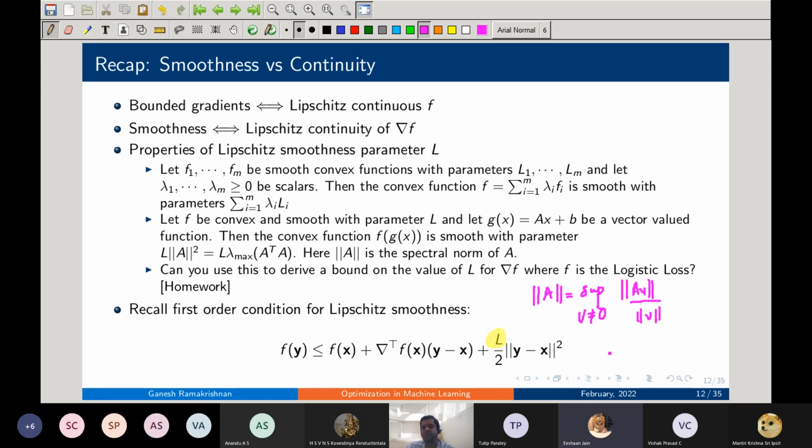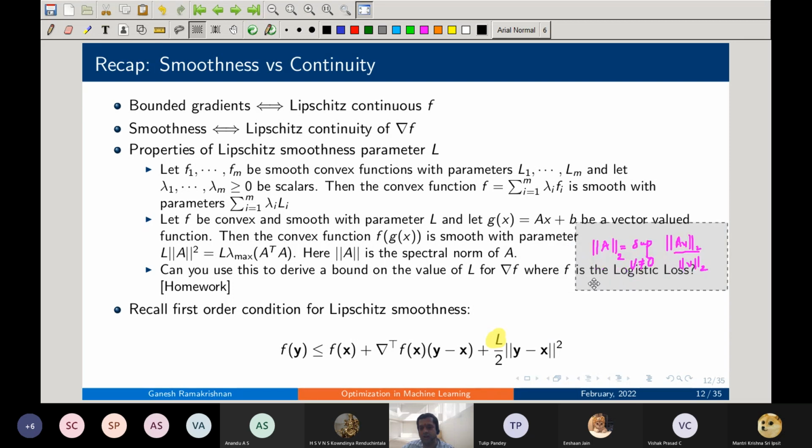When you have the two norm, then the spectral norm was the largest singular value of A. Okay, the largest singular value. Good.